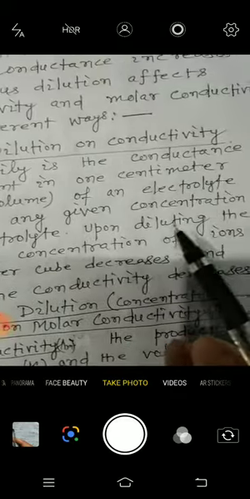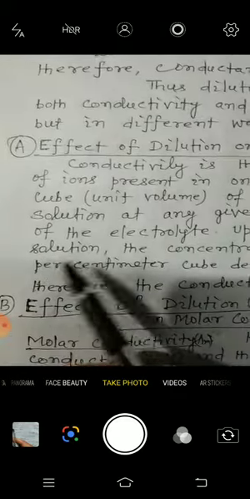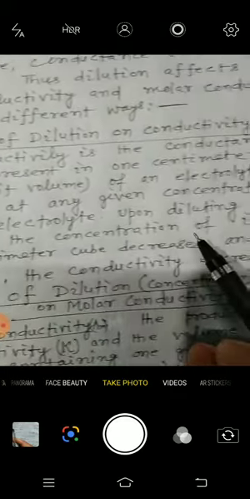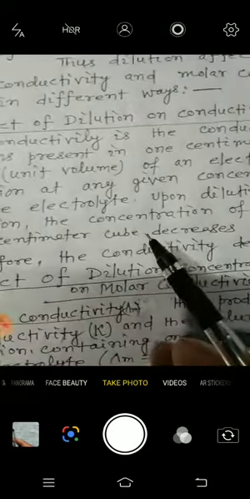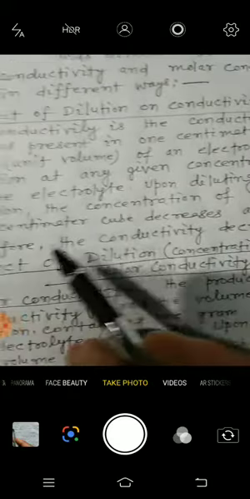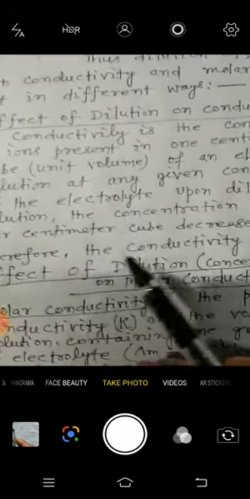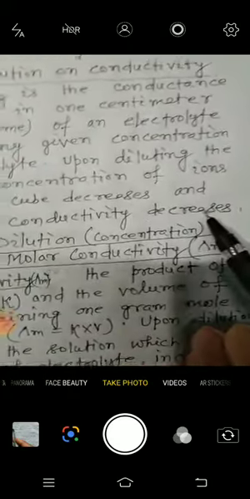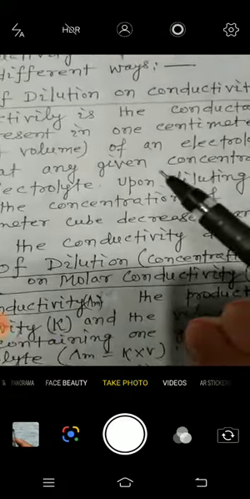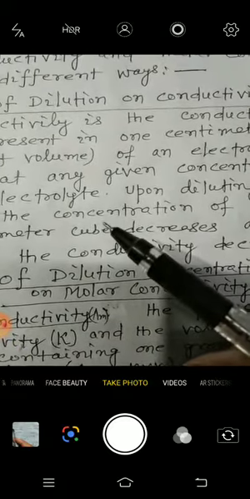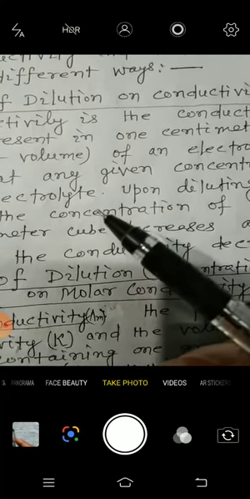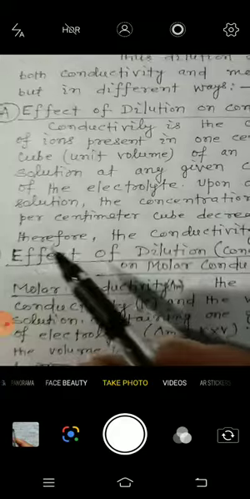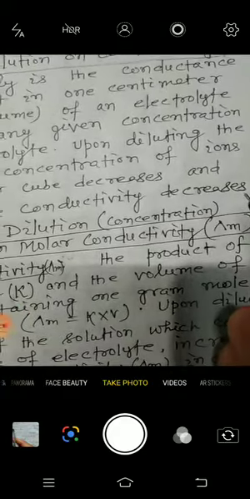Hence, upon diluting the solution, the concentration of ions per centimeter cube decreases and therefore the conductivity decreases. Means when you dilute the solution, naturally the number of ions in unit volume will decrease and therefore the conductivity will decrease.